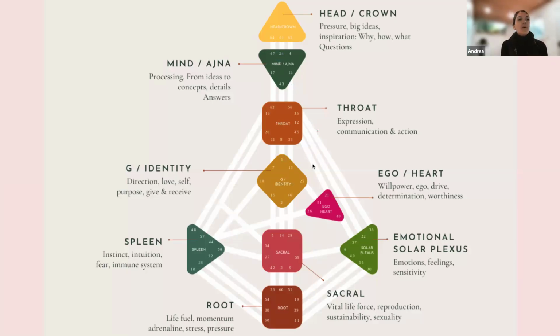But in human design, we also have the splenic spleen center and the G center, the identity center. If you look at the words next to each of these centers, it gives you a little description of what each center represents or what energy is encompassed in those centers.